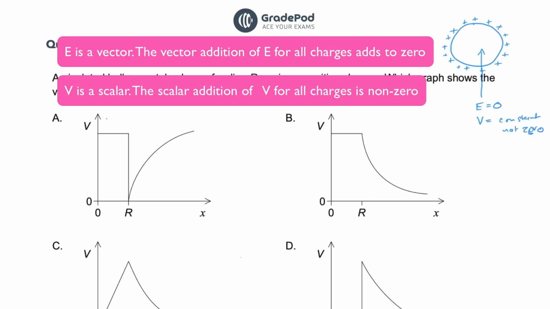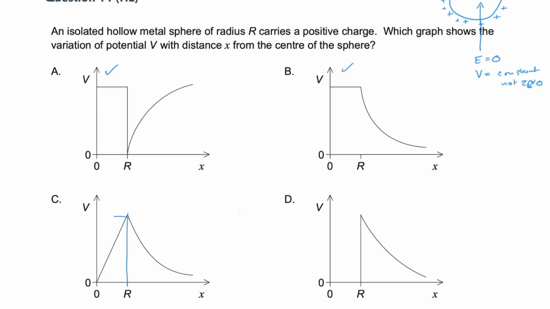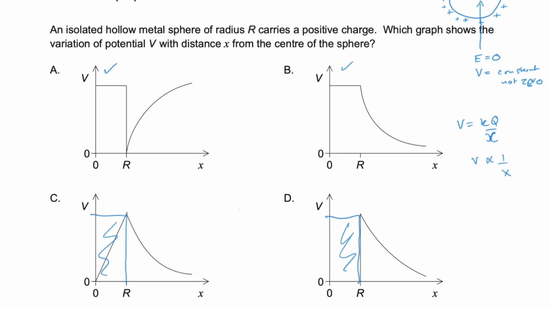That means we're looking at answers A or B, because within this sphere here, you can see that V is not constant. And within this sphere here, you can see that V is 0, so it's not that one either. Then we have to look at how potential varies with distance from the centre of a sphere. Well, potential is given by kQ over r, and r in this case is x, distance x. V is inversely proportional to x, meaning we're going to find this sort of curve as the distance increases away from the centre of the sphere.